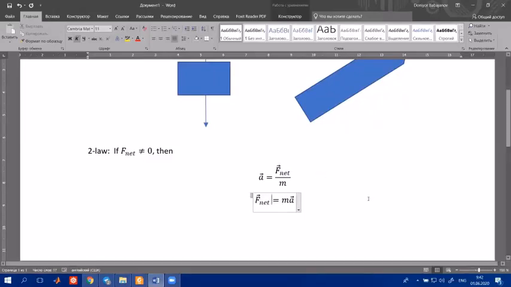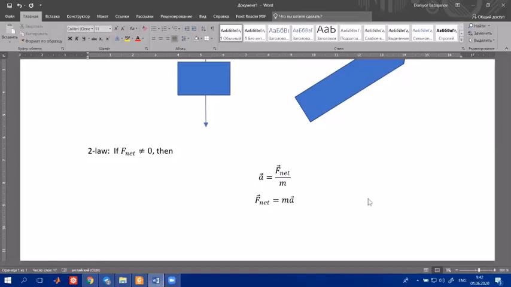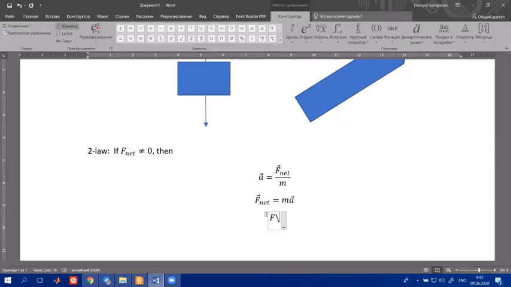What is net force? I think you know. Net force is the sum of all forces, the vector sum of all forces acting on the body. In mathematics, we have this symbol, sigma, which means the sum of all elements, Fi. This means F1 plus F2, all vectors.